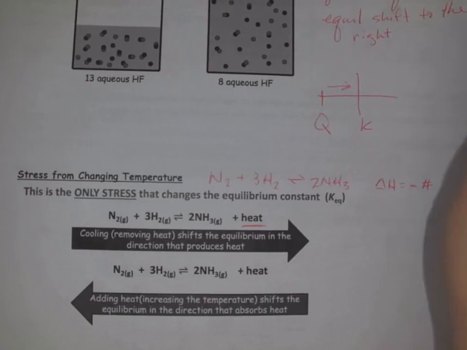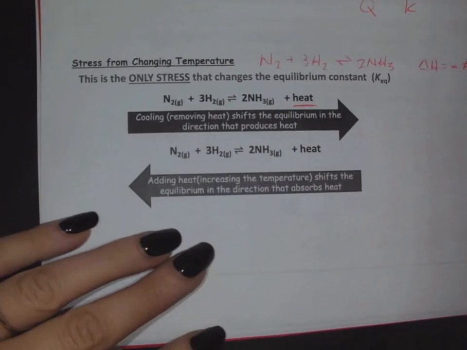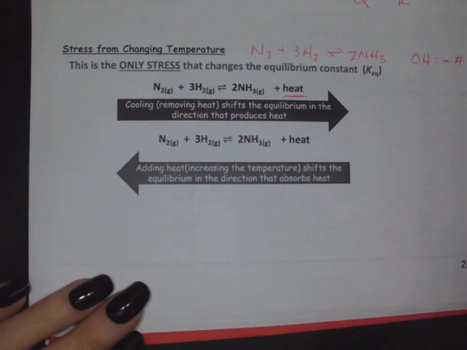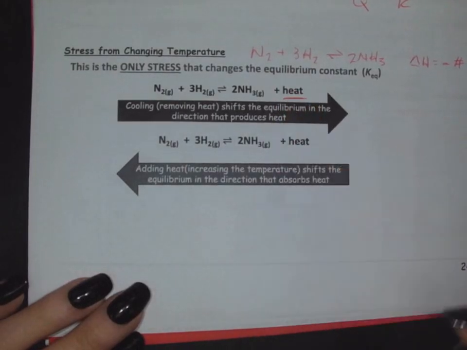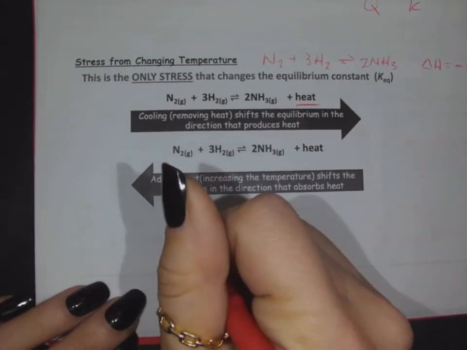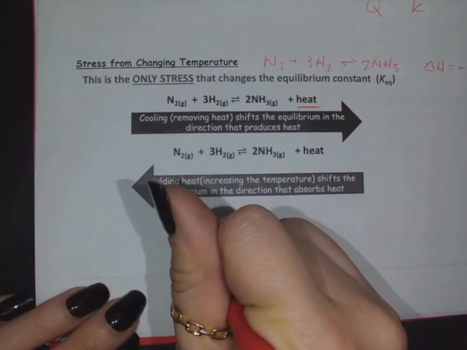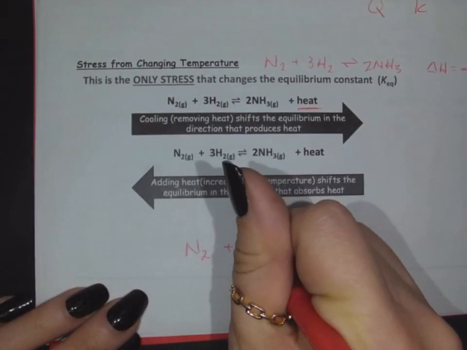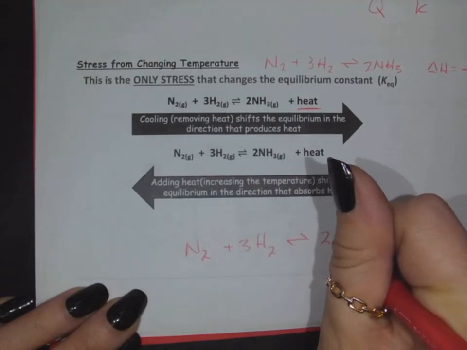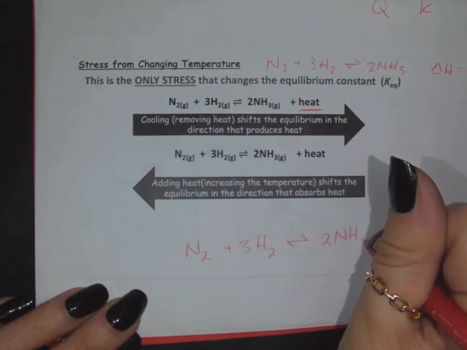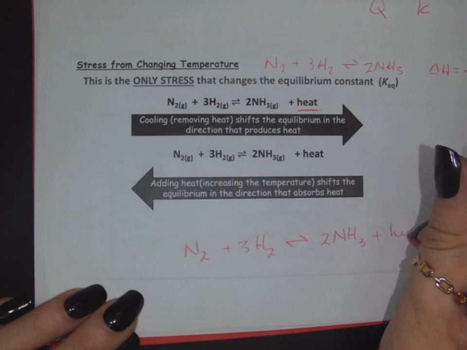All right, great. Now, if something is exothermic with this negative delta H and our heat is on the product side, I'm going to rewrite this down below. N2 plus 3H2 results in 2NH3 and then heat.